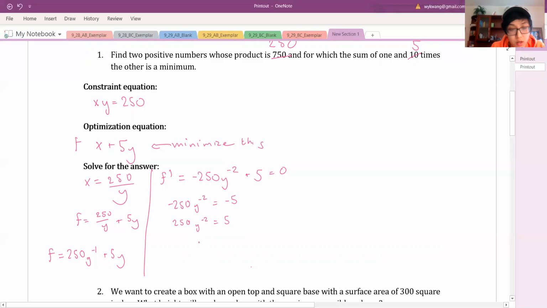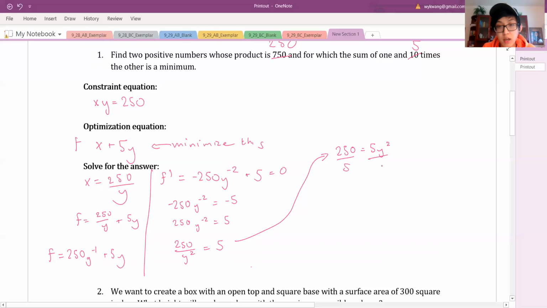So then I'm just doing some algebraic manipulation on each of these steps. We're going to bring the y squared down, then bring this up here. Let's multiply both sides by y squared, right? So it's going to be 250 equals 5y squared. Then we divide both sides by 5.